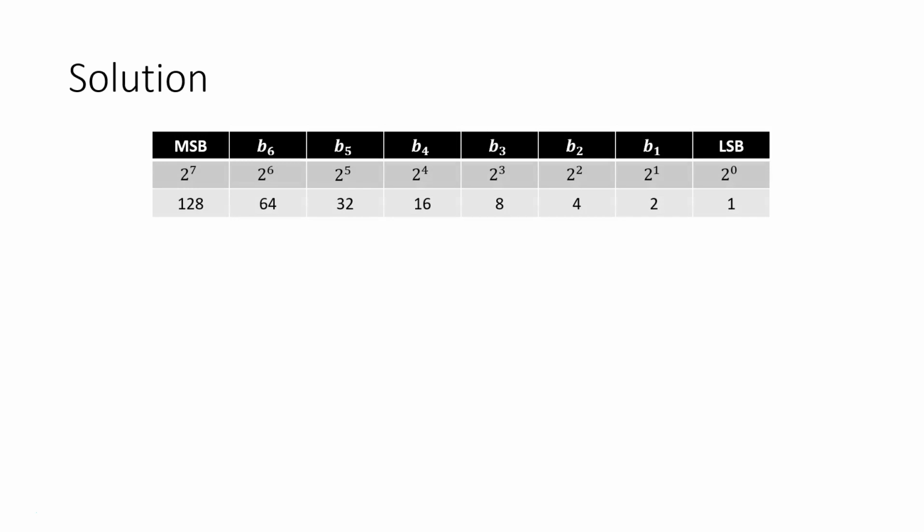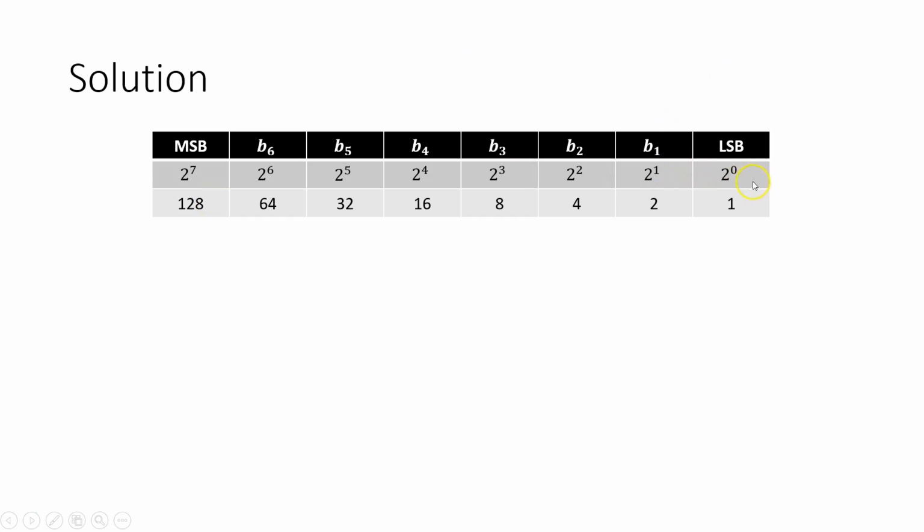Well, first of all, what do those numbers mean? If you're not familiar with binary, then I'd recommend doing a little bit of research on that. But here we have the least significant bit on the right, and we increase in significance. So the most significant bit would be 2 to the 7, which is 128.